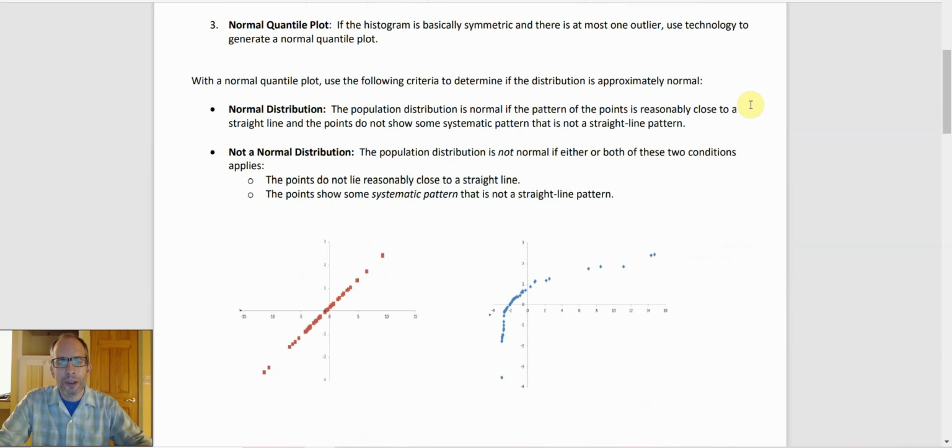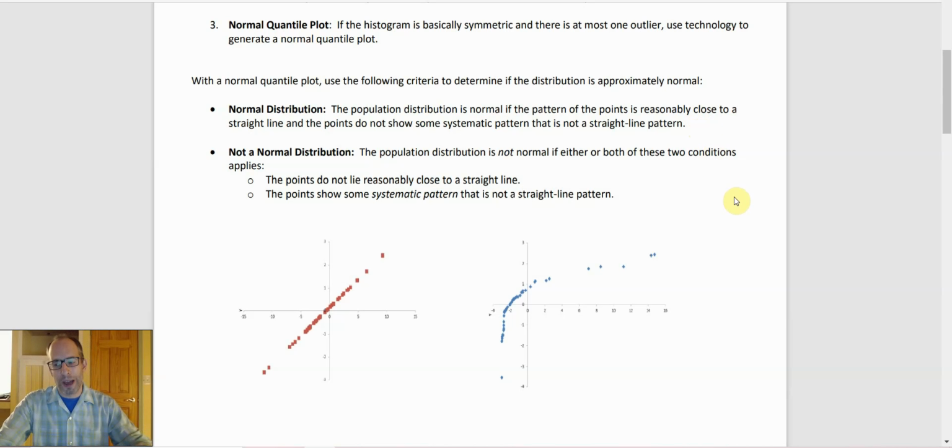If what you get looks like a straight line, and there's not some systematic pattern that's not a straight line, then you're fine. If you have some other kind of specific distribution like a uniform, I think you get a thing that kind of looks like an S, but it's really subtle. I think we're going to see that on the next page.